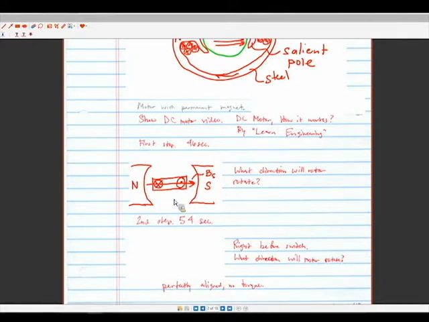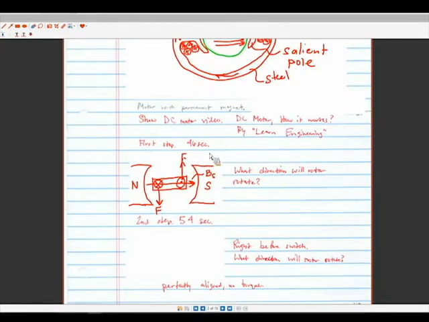So that means I have some sort of force in this direction on the elements of the coil on the left-hand side of the rotor, and I have force in this direction here. Right?